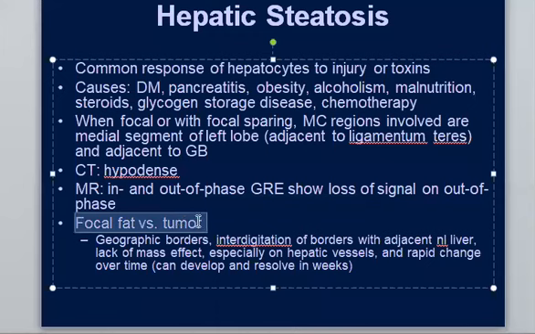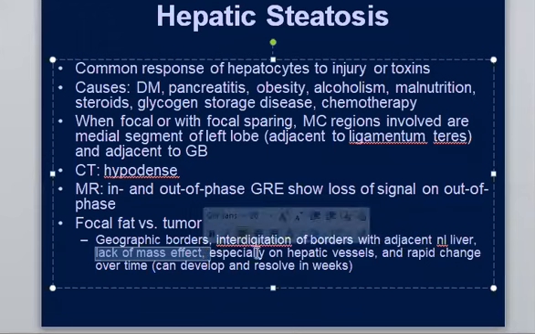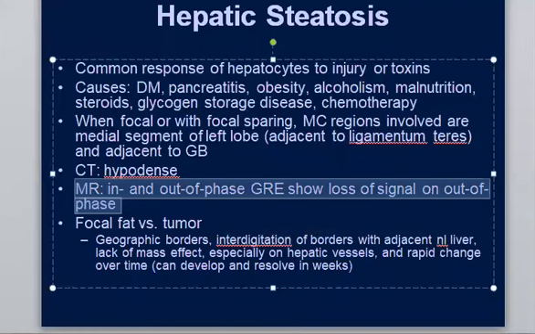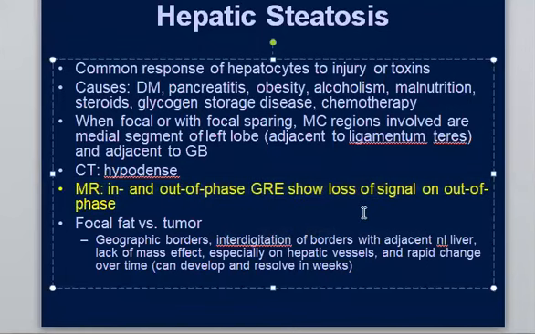Focal fat versus tumor: look for geographic borders, interdigitation of borders with the adjacent liver, lack of mass effect, especially on the hepatic vessels, and rapid change over time; it can resolve in weeks. The most important MRI sequence is the out of phase signal.